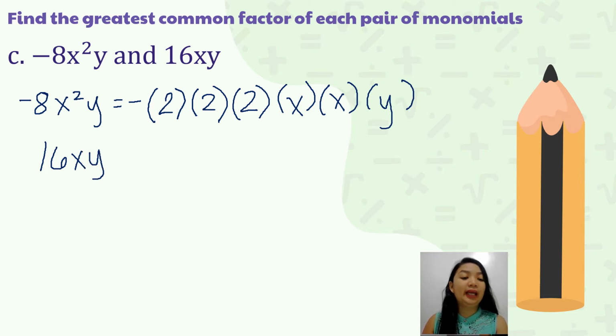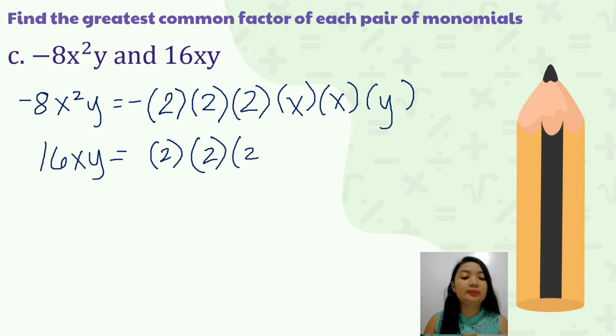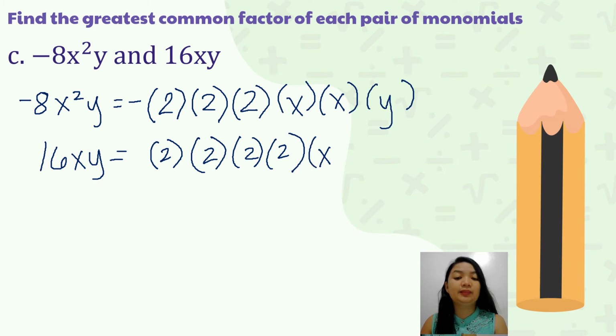We know that 8 times 2 is equal to 16. So we add another 2 to 2 times 2 times 2 for us to have 16x times y.